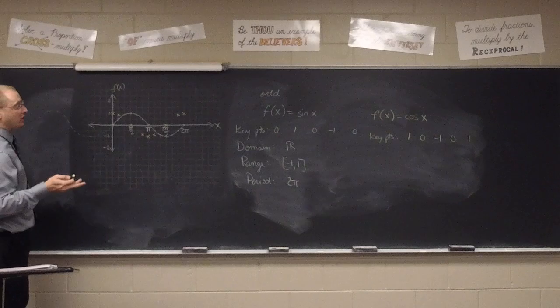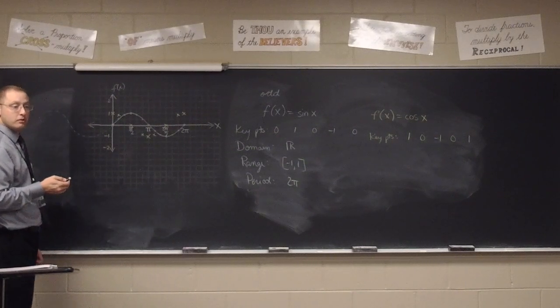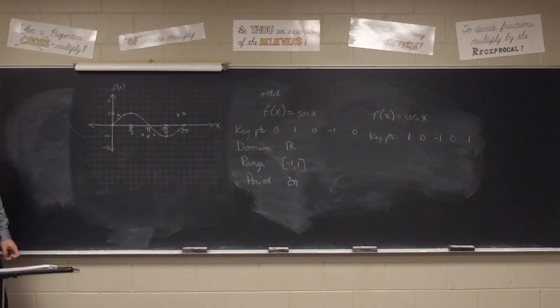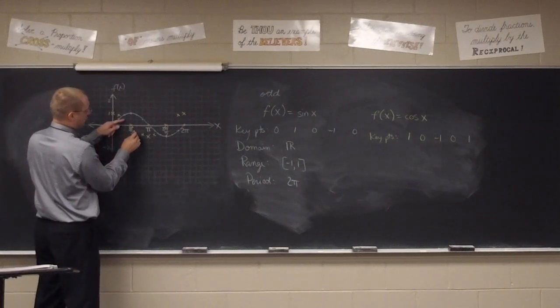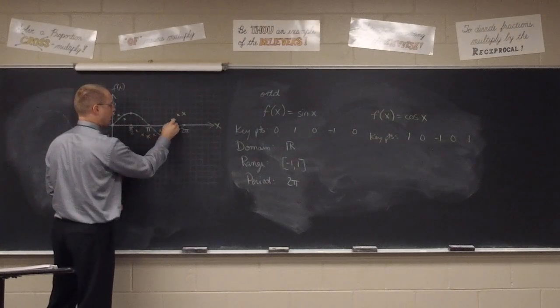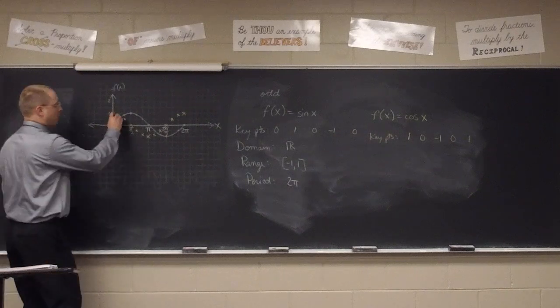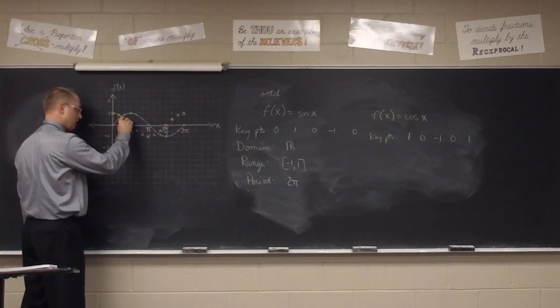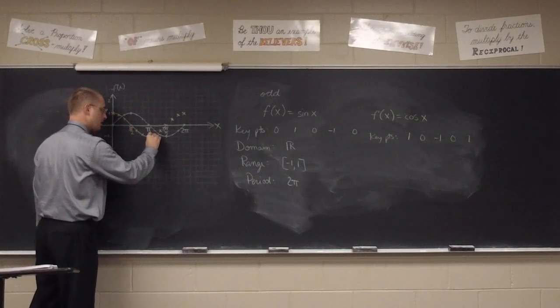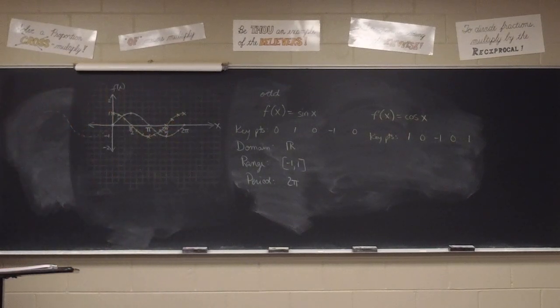And then near the 0s we have 0.5s, just like we did on the sine curve. In this case, there's going to be one above and one below, and one below and one above. And if we connect these points with a smooth, continuous curve, we'll get our cosine curve.